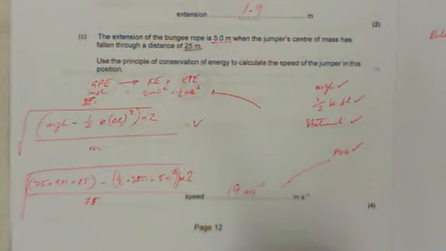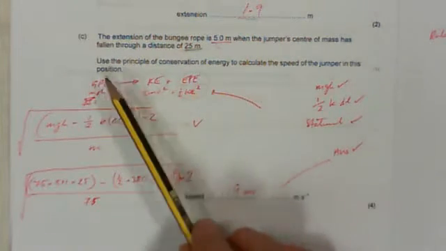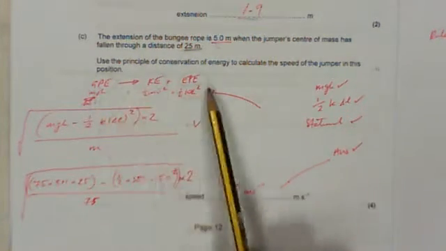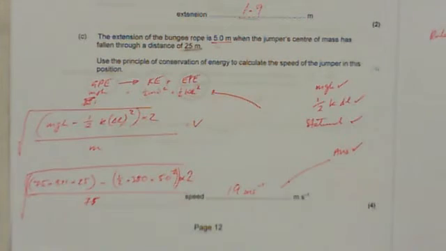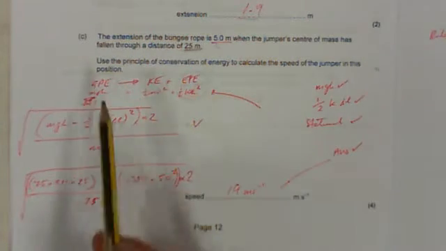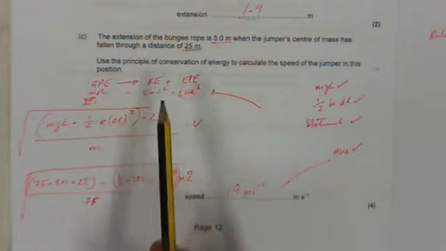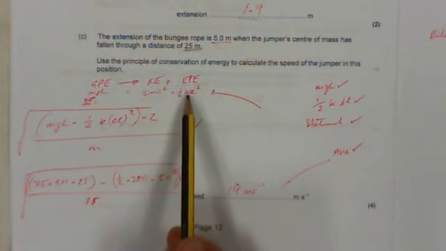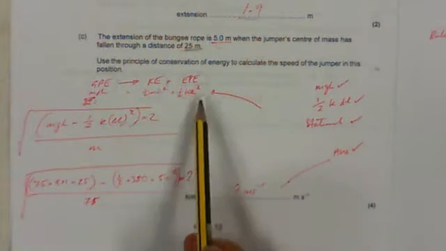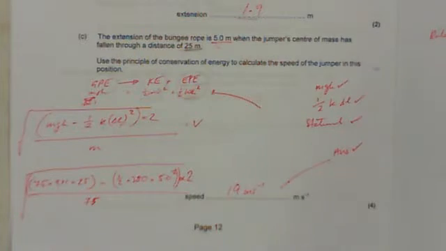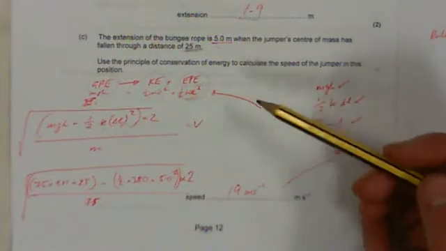As it falls, it's going to convert from one to the other. So what we do here is rearrange this equation. Say mgh equals a half mv squared plus a half k delta L squared, because we know hopefully that elastic potential energy is a half k delta L squared.